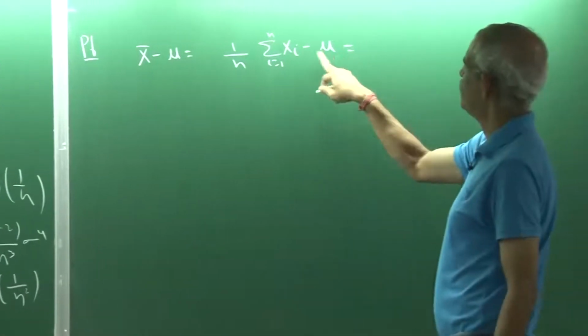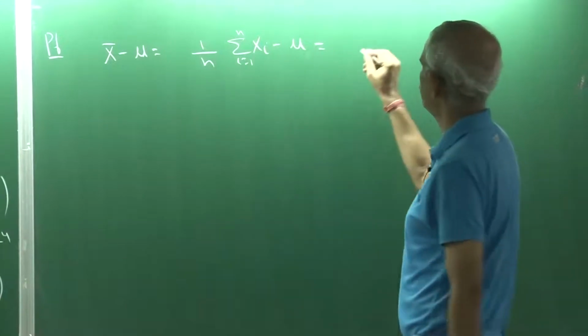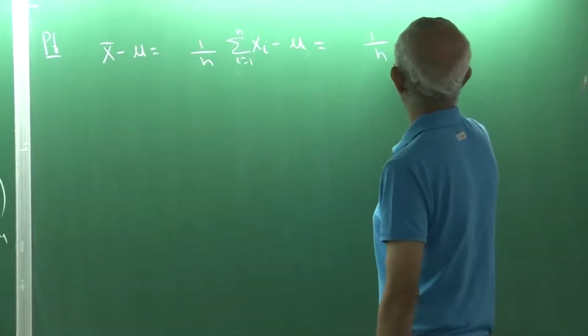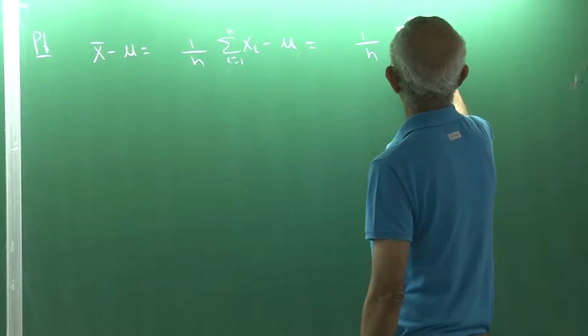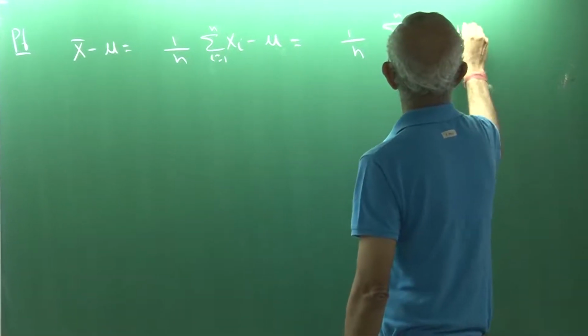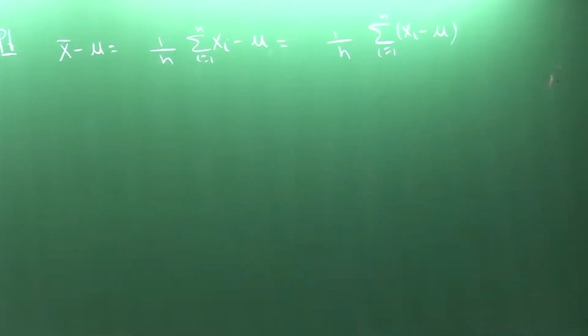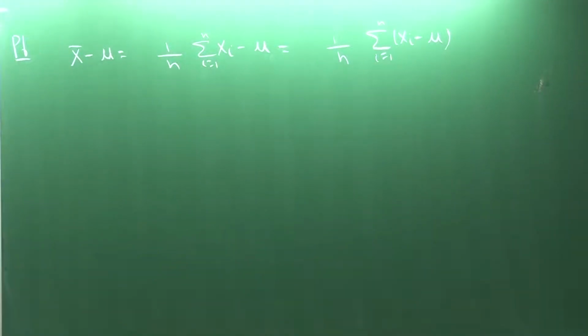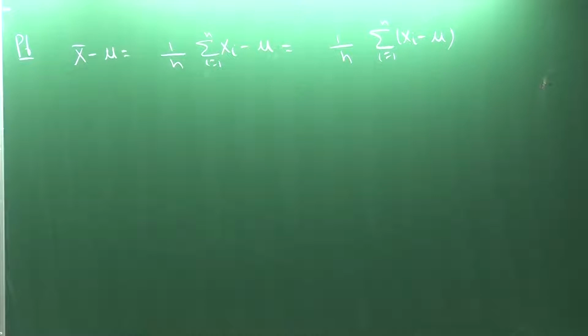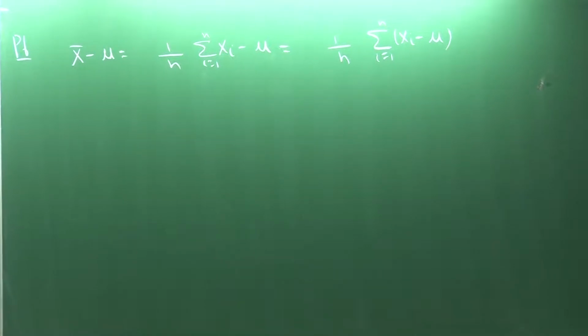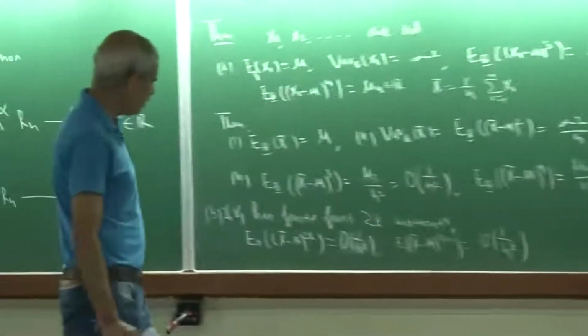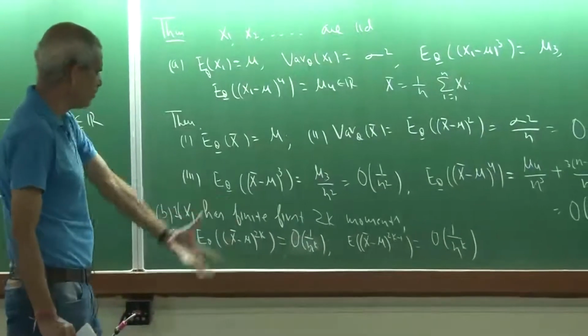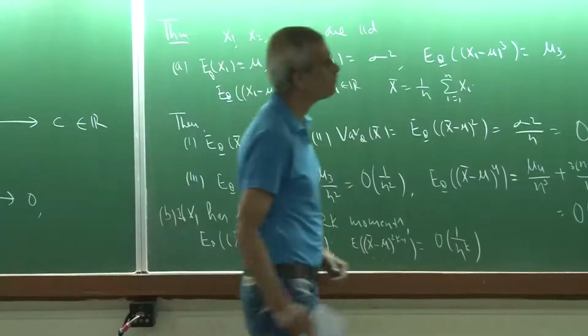Now this becomes n mu, and then mu you can take inside the sum, so it will become 1 upon n, summation i equals 1 to n, xi minus mu. What I can do is you can work out part A, part B I'll tell you, because part B will tell you what is the basic argument to get these orders.